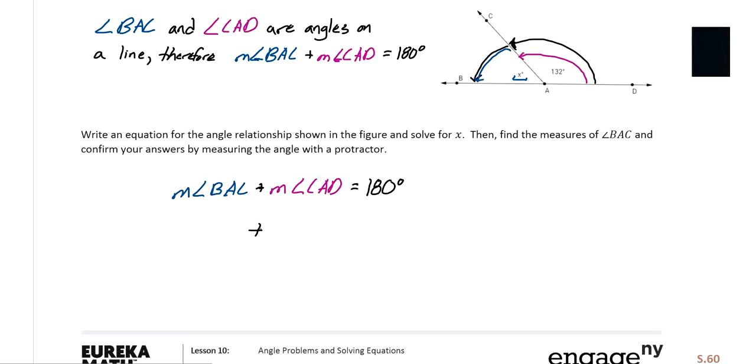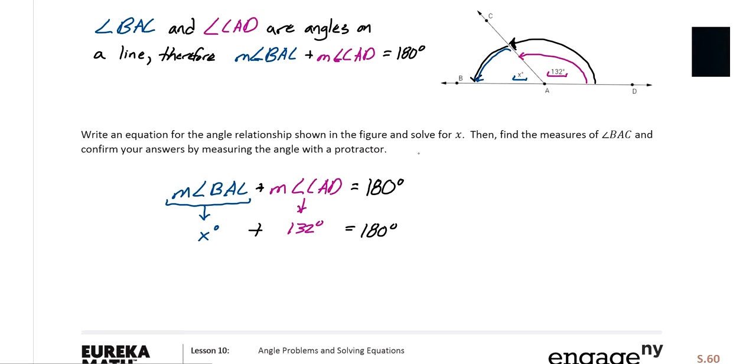I rewrote the relationship. We found angles on a line equal 180, or they add up to 180. We know the measurement of angle CAD is 132 degrees. So I'm going to put 132 degrees here. Now, the measurement for angle BAC, they don't tell us a number, but they give us that it's x degrees. And that's what they want us to find.